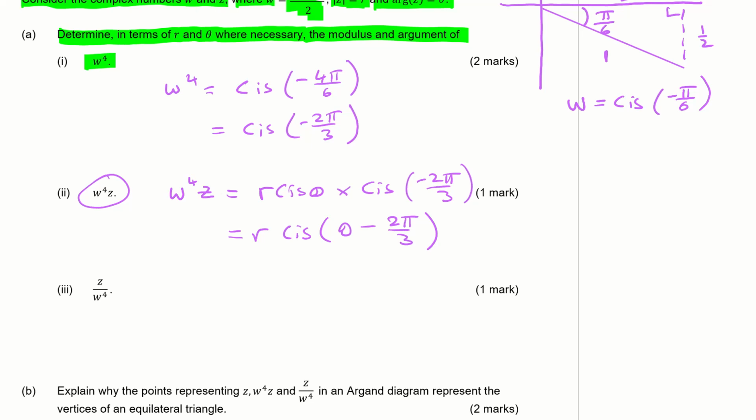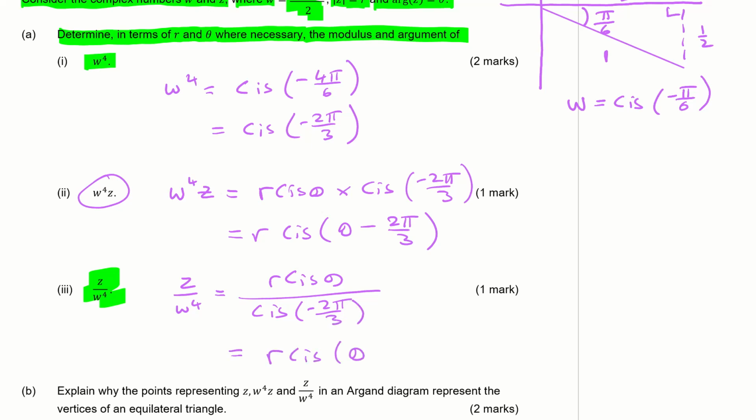And then z divided by w to the 4, and that would be r cis theta divided by cis negative 2 pi by 3, and that will be r cis (theta plus 2 pi by 3).